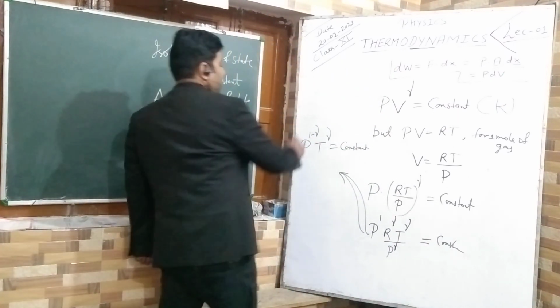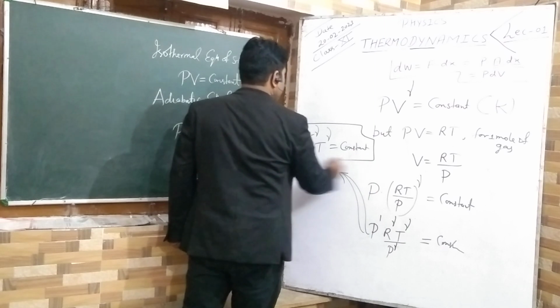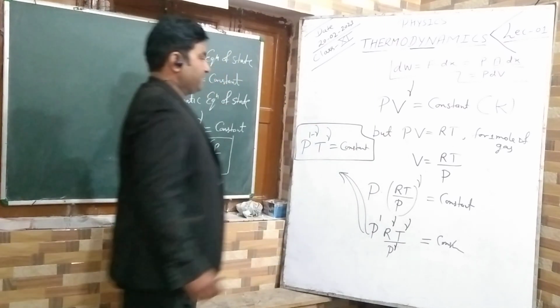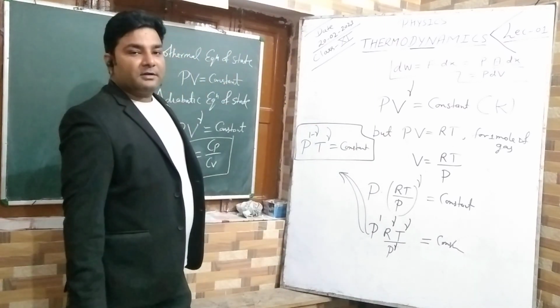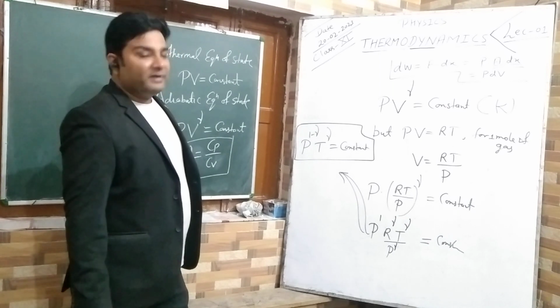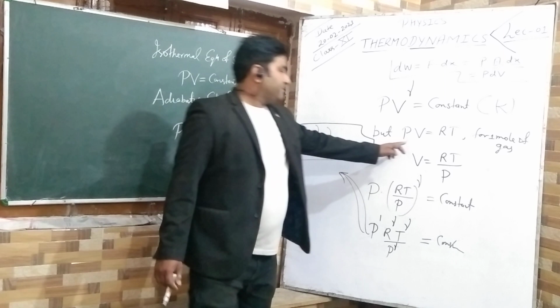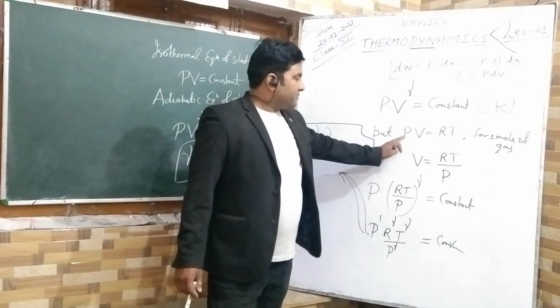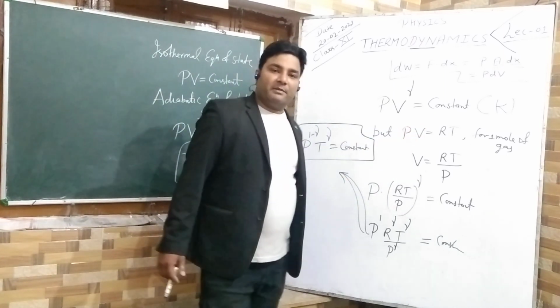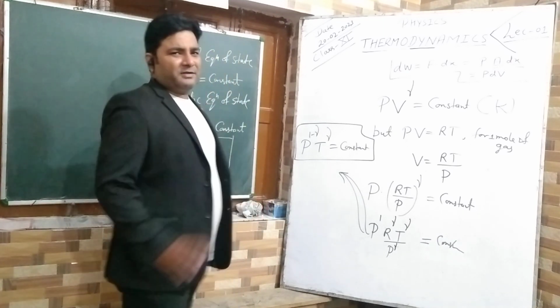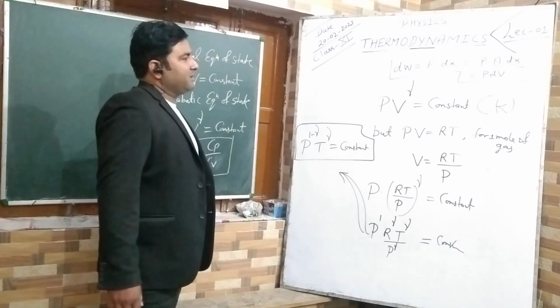This is the relation between pressure and temperature. Similarly, you can find out the relation between volume and temperature by replacing P is equal to RT by V. In this way you can find out, very easy concept.